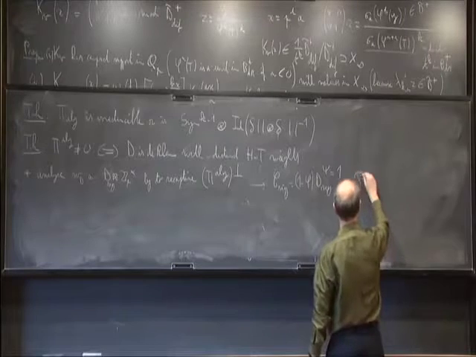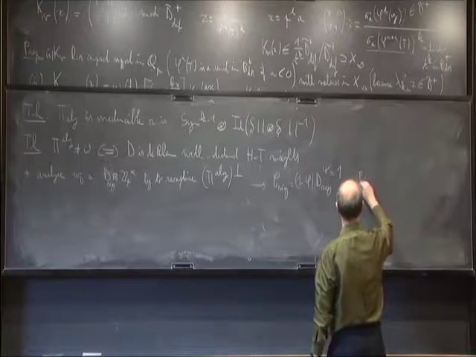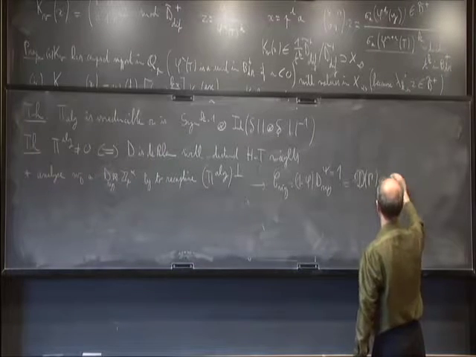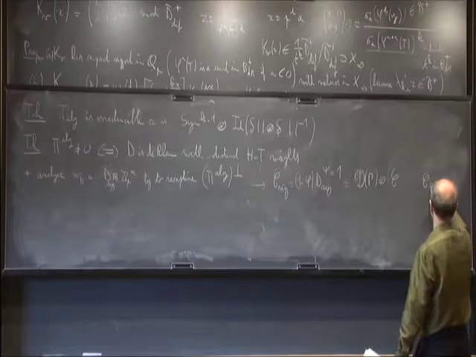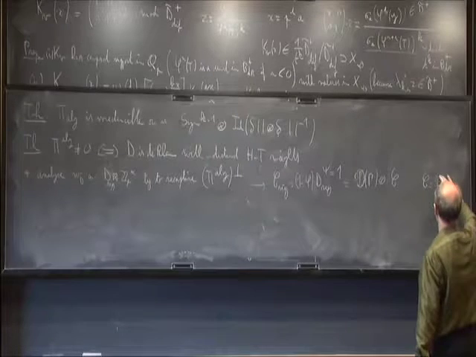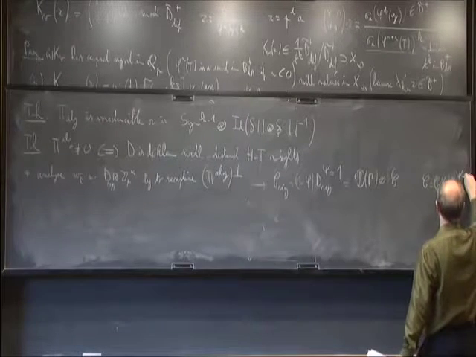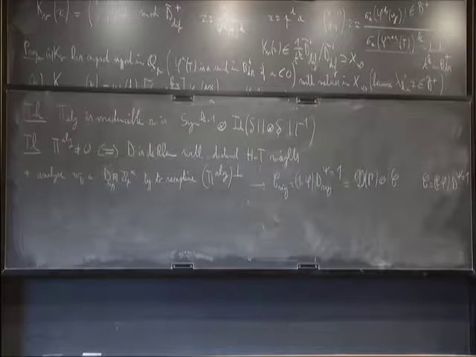But you prove easily that this is the same thing as the algebra of distributions on gamma tensored C, where C was, I remind you, D to the 1 minus phi. So this is the heart of D. It's 1 minus phi, D psi equals 1.